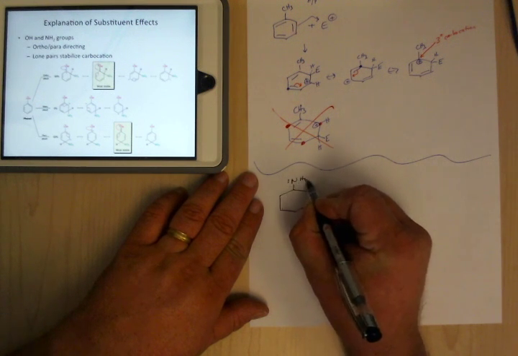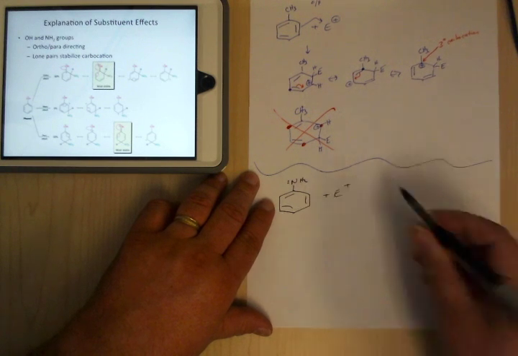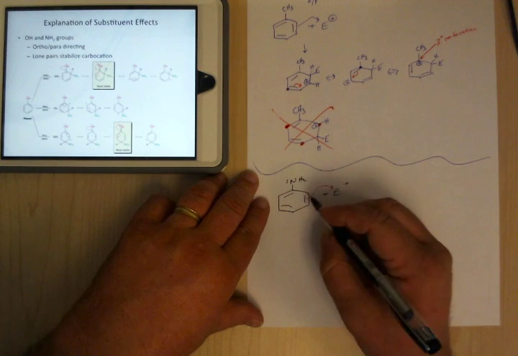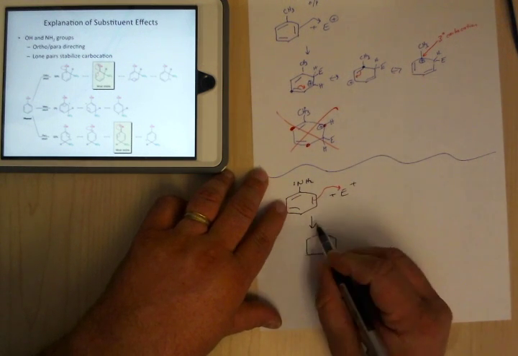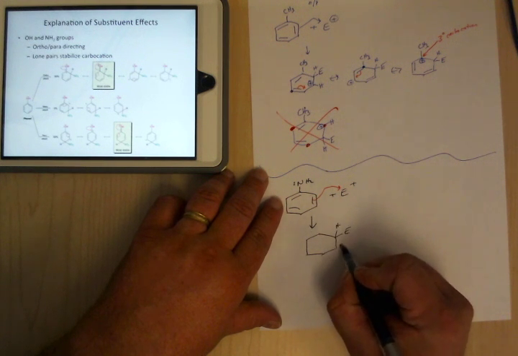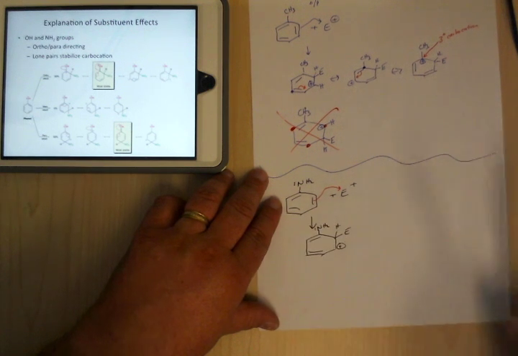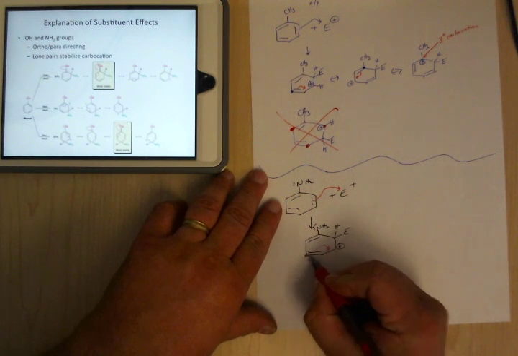So let's do nitrogen. E plus, right? So we're going to add that there, right? So let's add to the same thing. We're going to add to the ortho position, which puts the positive charge there. Right? We're going to move this over, which skips it, puts it there.